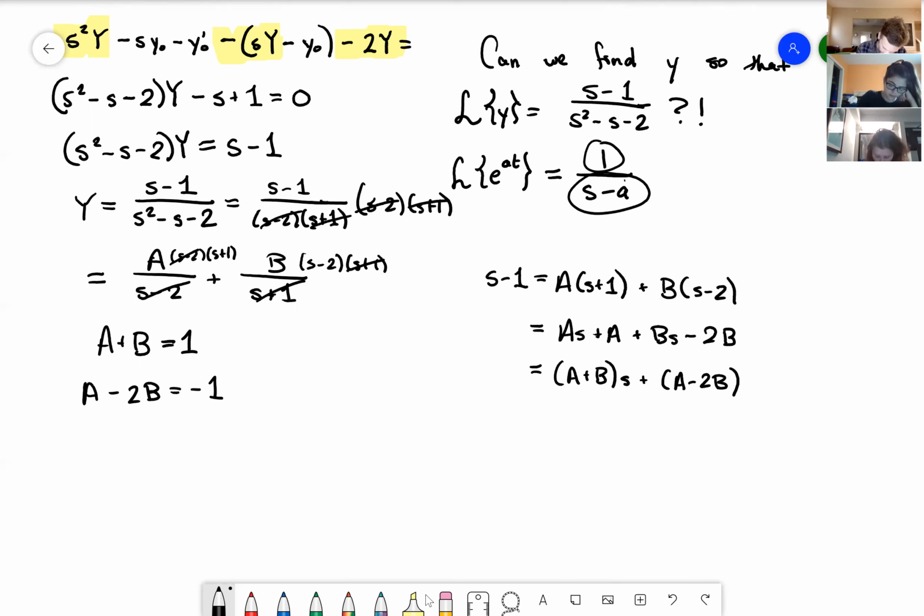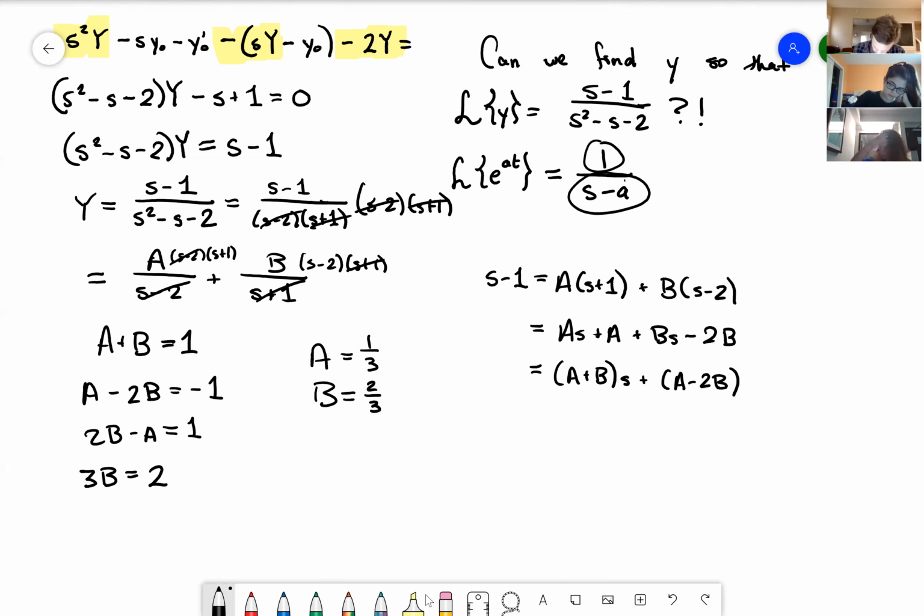Or we could write that as 2b minus a is equal to 1, which makes it a little easier to add these together. When we add them together, we get 3b is equal to 2. So b is 2/3. a is 1/3, just a single third.